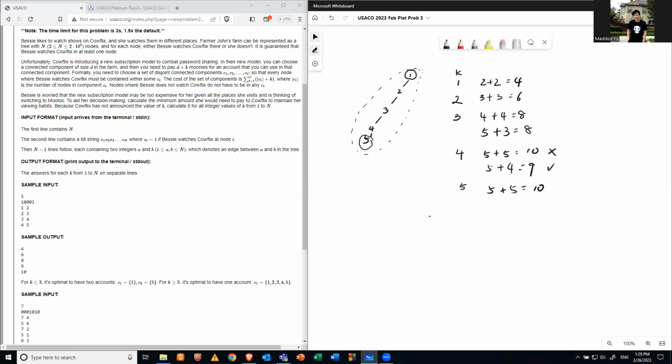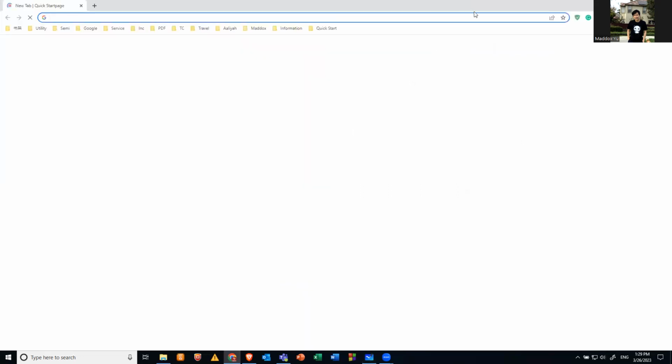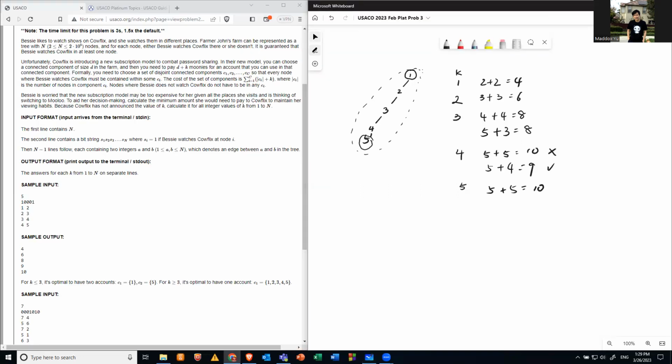So now, how do we do this problem? There are a couple of different ways you can do this, but let's start with a simple one.